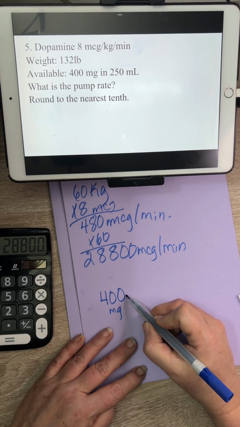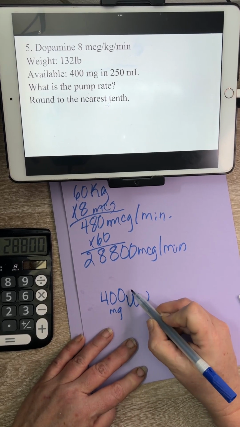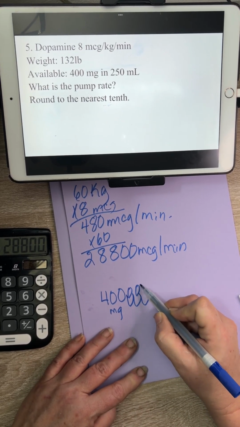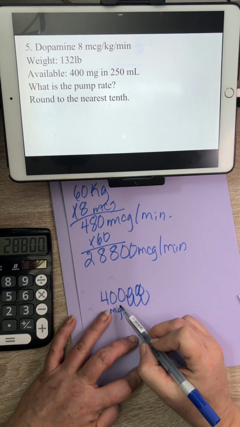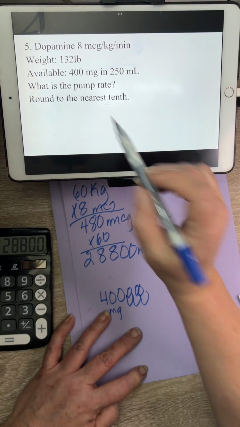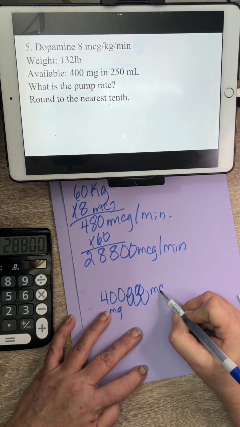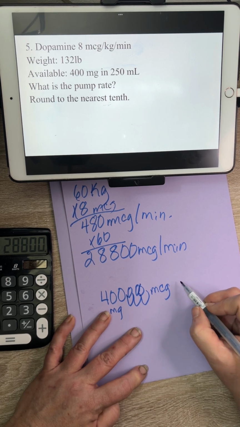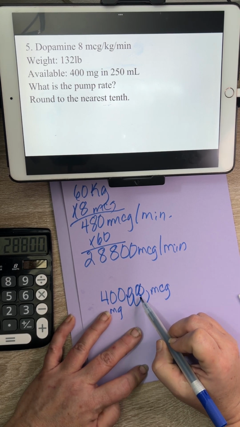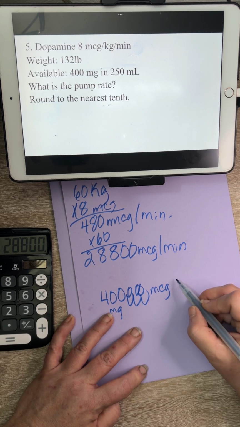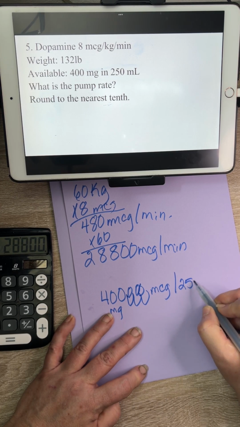And you know it's 3 places. 1, 2, 3. I'm going to seat those suckers down in there. And so what we have in our hand is now 400,000 micrograms per 250 milliliters.